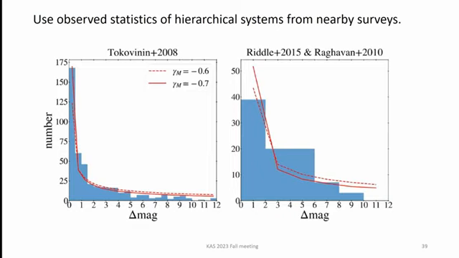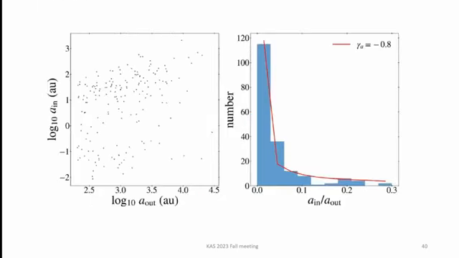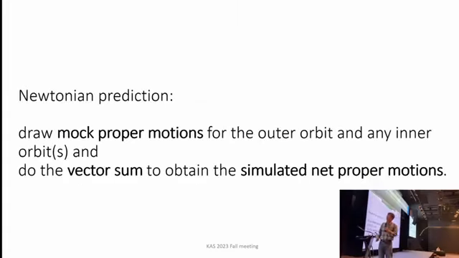These are the observational information on the hidden companions. Next, how to get the Newtonian prediction: draw Monte Carlo proper motions for both the outer orbit and any inner orbit, and then do the vector sum to get the simulated net proper motions.